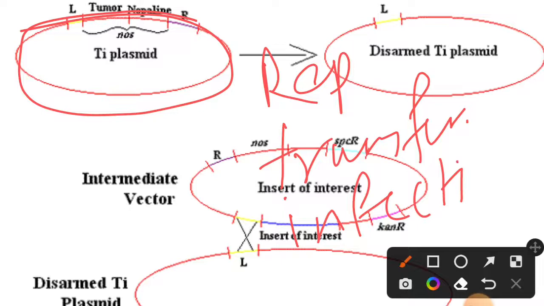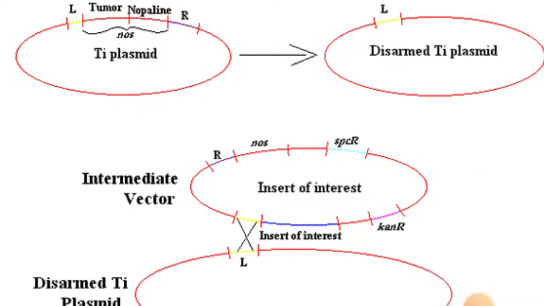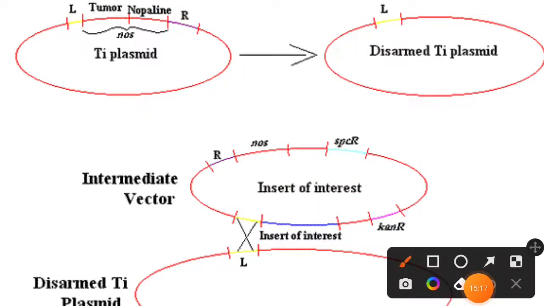Okay, so we cannot completely digest the Ti plasmid, and also there are not too many restriction sites present in the Ti plasmid. Only some unique restriction enzyme sites are present in the Ti plasmid.